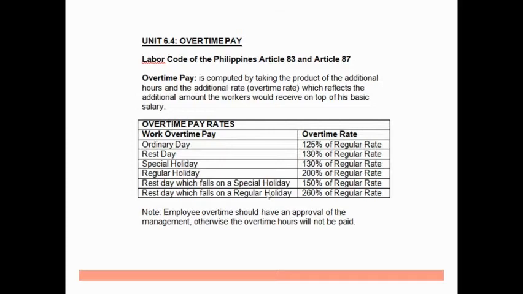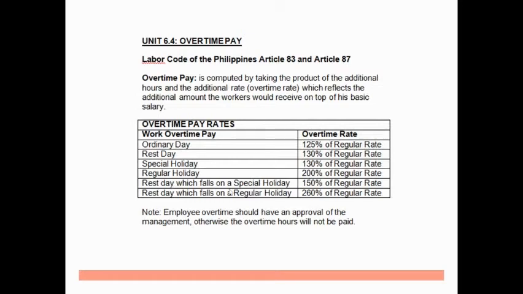So this table shows the summary of overtime and its equivalent rate of pay. For the ordinary day, we have 125% of the regular rate for the overtime rate. For the rest day, we have 130%. Special holiday, that is 130%. Regular holiday, that is 200%.